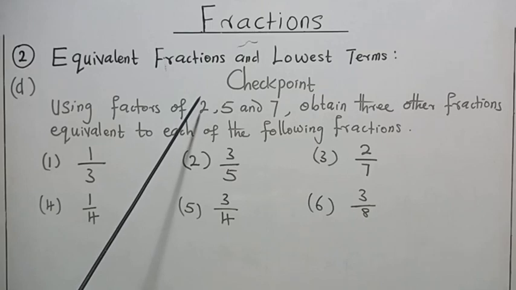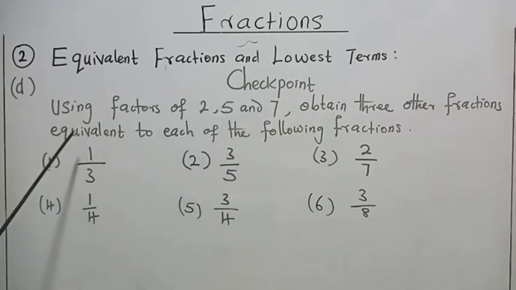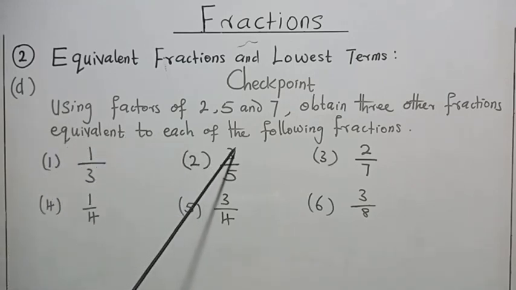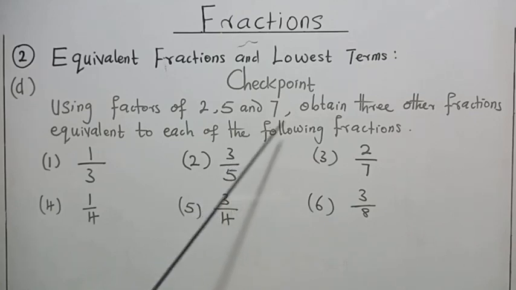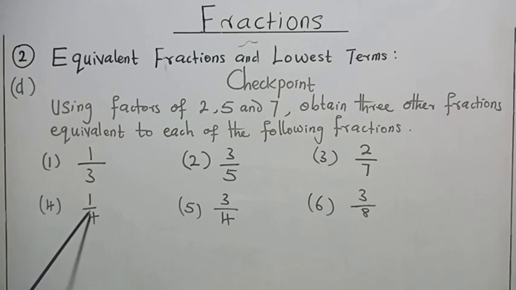That is, using common factors of 2, 5, and 7, obtain 3 other fractions equivalent to 1 over 3, 3 over 5, 2 over 7, 1 over 4, 3 over 4, and 3 over 8.